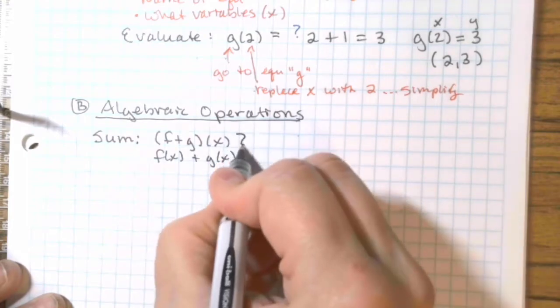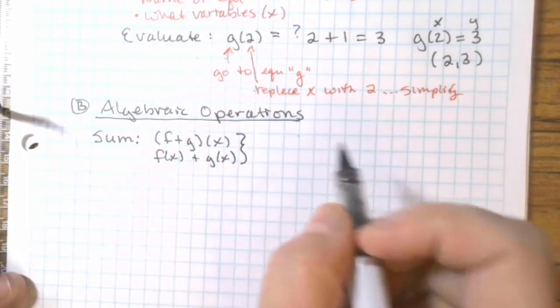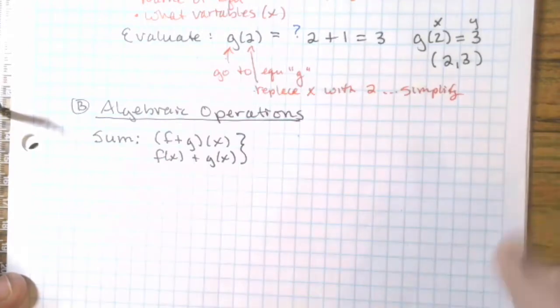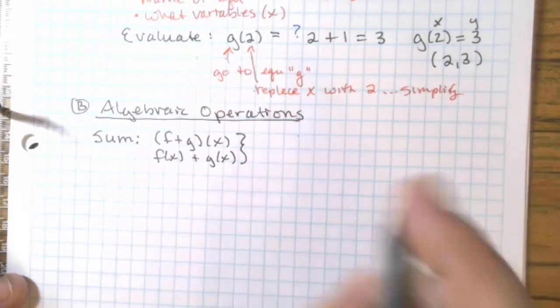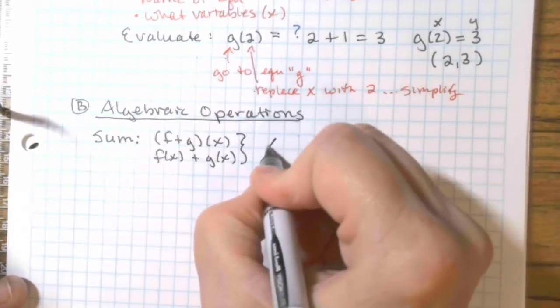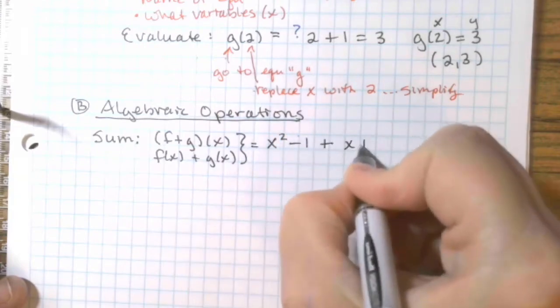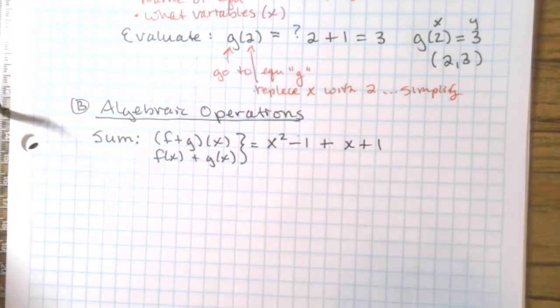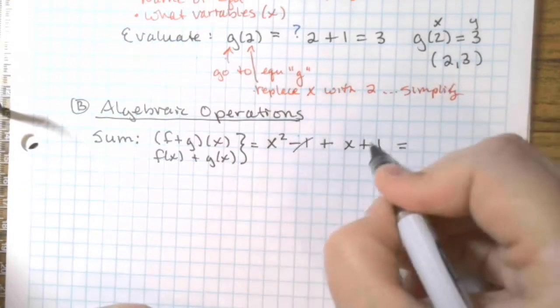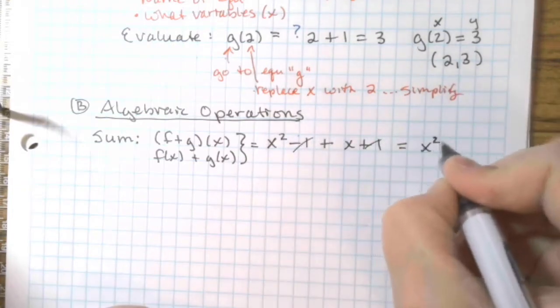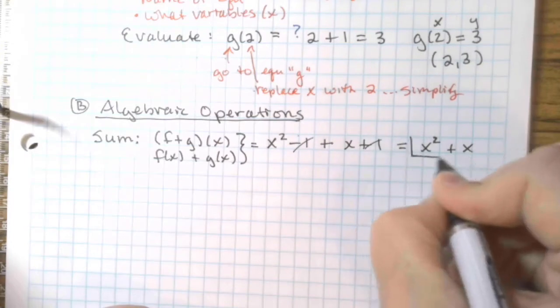Both of those mean the same thing. And so we're going to use f and g, what we have at the top, and all you do is add them together. So x squared minus 1 plus x plus 1. And then you simplify, and since those add up to 0, you get x squared plus x.